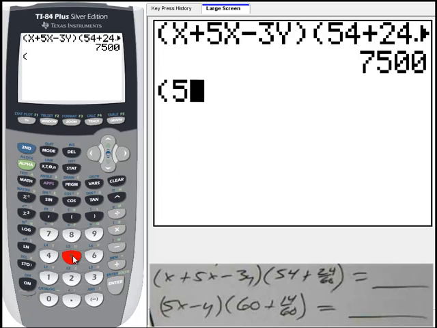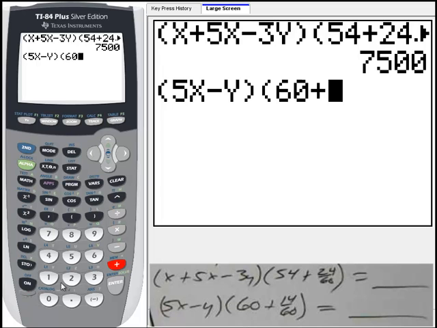Second equation. Parenthesis 5x minus alpha y parenthesis times 60 plus 14 divided by 60.